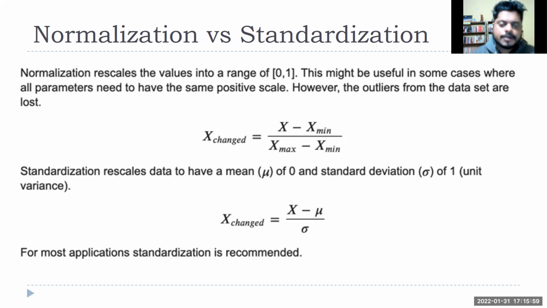So how will it happen? Let's say the same thing for the person who has a family income of 5 lakh, right? So 5 lakh minus the average of all the incomes, which is 4 lakhs. 5 lakhs minus 4 lakhs is 1 lakh. Then divided by, let's say, the standard deviation of 1.5. 1 divided by 1.5, whatever the result is, about 0.66, right?